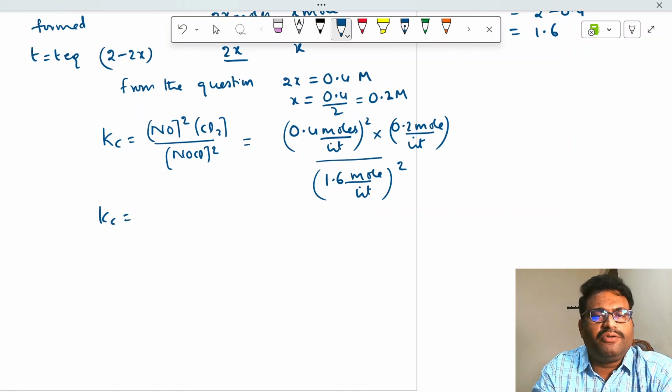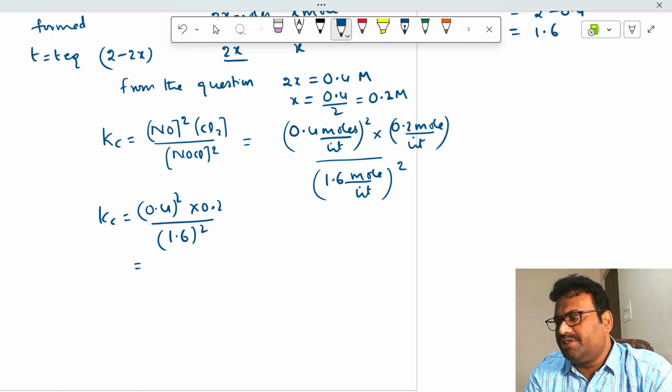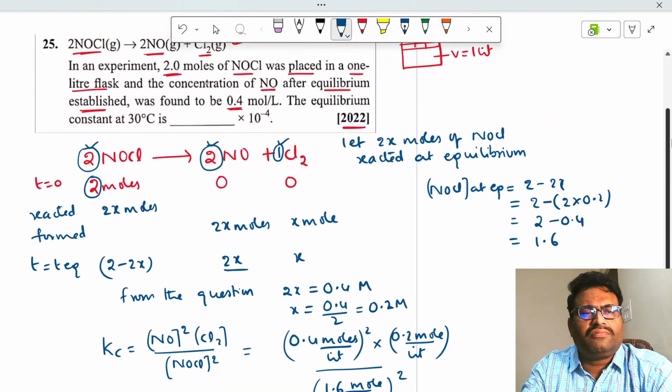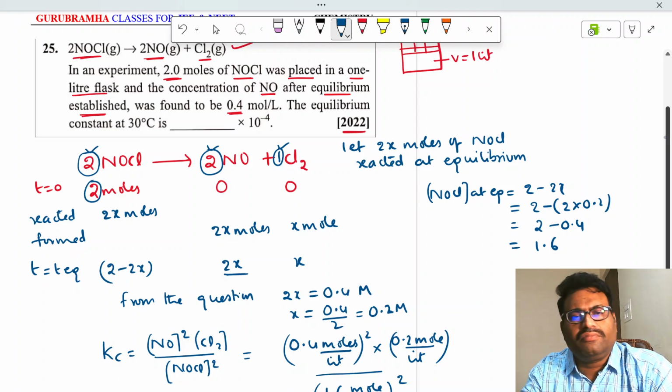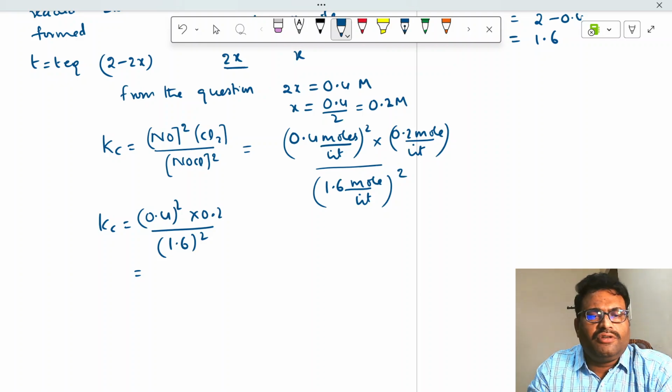Kc is equal to 0.4 square into 0.2 by 1.6 square. On calculating this, what do you get? 0.0125, right?